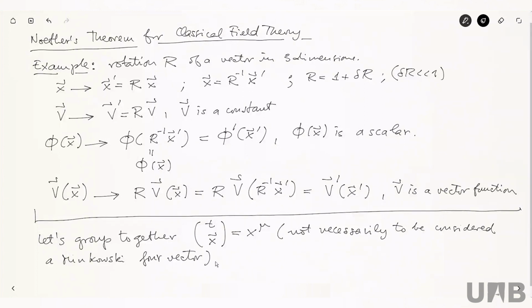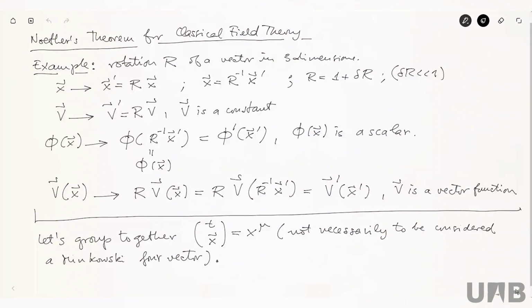What I mean by this is, again, I repeat, let me emphasize this thing. If the theory is non-relativistic, this is just a notation. I just put them together, not to have to write too much, okay? If the theory is relativistic, then of course, this is going to transform under Lorentz transformations in a certain way. But if the theory is not relativistic, there is no Lorentz transformations to talk about, okay? And this is just a way of writing a little less, okay?